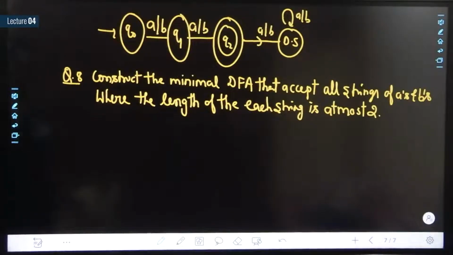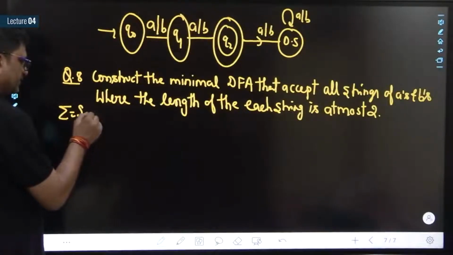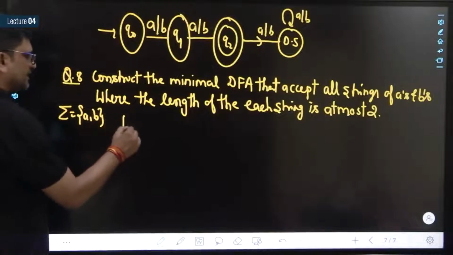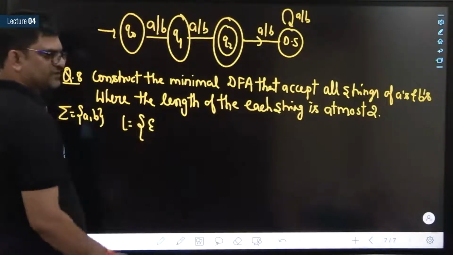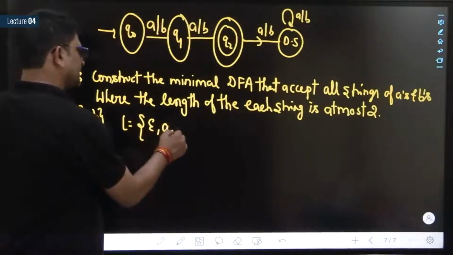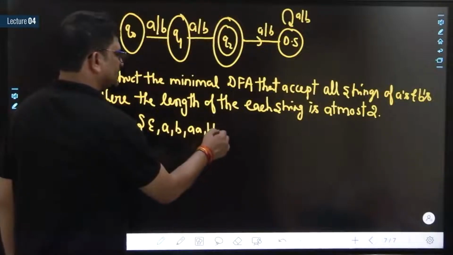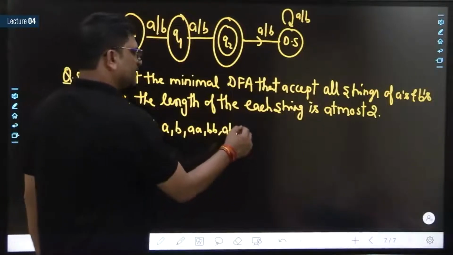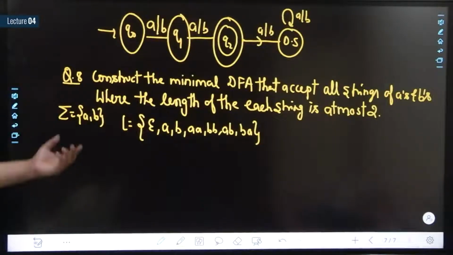Clear? What is the input symbol for this? A, B. What is the language? At most 2 means epsilon is also accepted. Single A is accepted, B is accepted, double A is accepted, double B is accepted, AB is accepted, BA is also accepted. This is our language. This is a finite language.